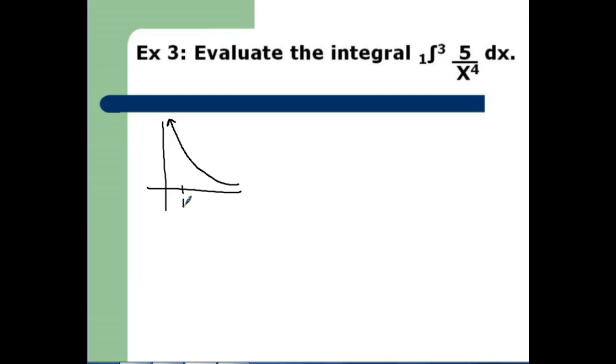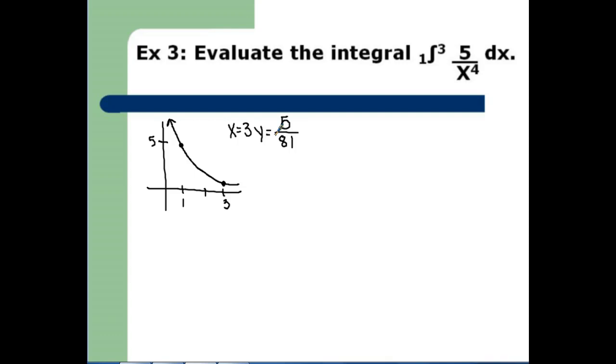At 1, you have 5, and at 3 you have 5 over 81. We just approximated that little point.